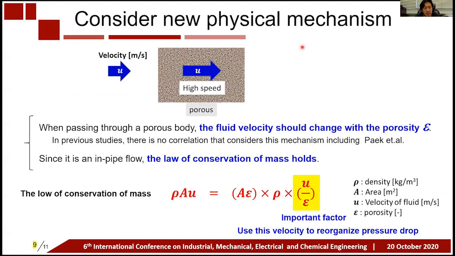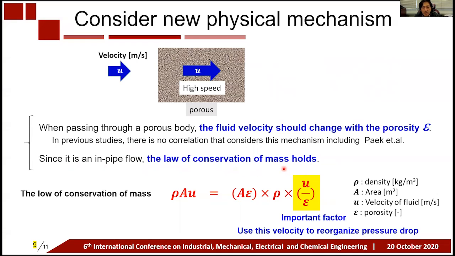Consider the new physical mechanism. When passing through a porous body, the fluid velocity should change with the porosity eta. In previous studies, there is no correlation that considered this mechanism, including PEC. Since it is incompressible, the law of conservation of mass holds.